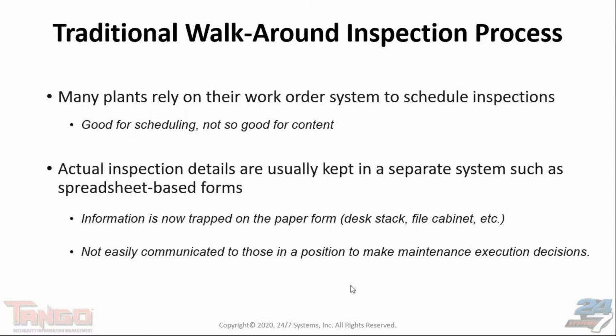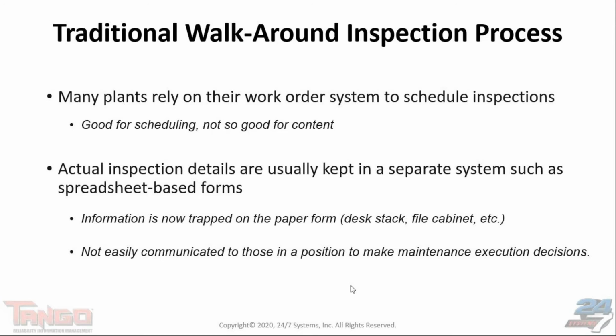Unfortunately, still today, I come across a lot of plants where they haven't automated or digitized the walk-around process. In many cases, they're depending on the work order system to say it's time to do a utility room lube route. And okay, that's pretty good for scheduling, when that's due and whether or not the work order got completed.